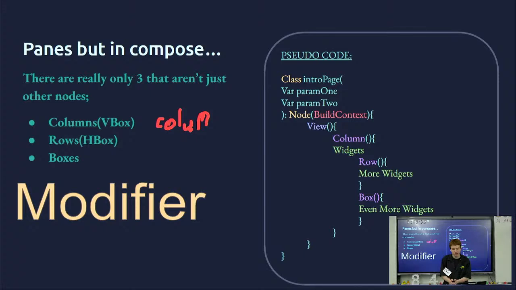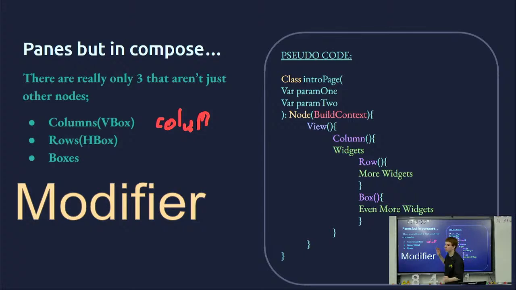But generally, I kind of stick with columns and rows because they're a lot easier to stay with. That did not work. All right. Whoopsies.